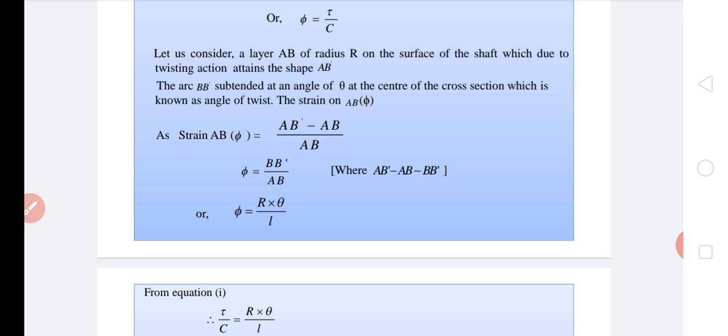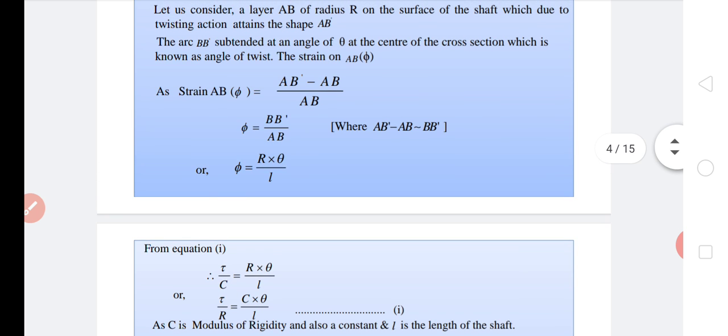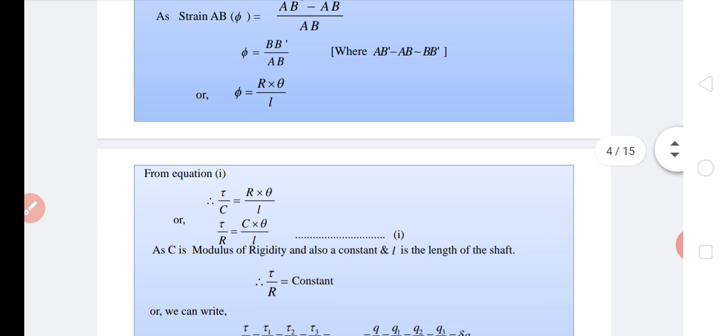In our childhood, we already read this S equals R theta. So R into theta upon L equals phi. So tau by C equals R theta by L. This is equation 1.